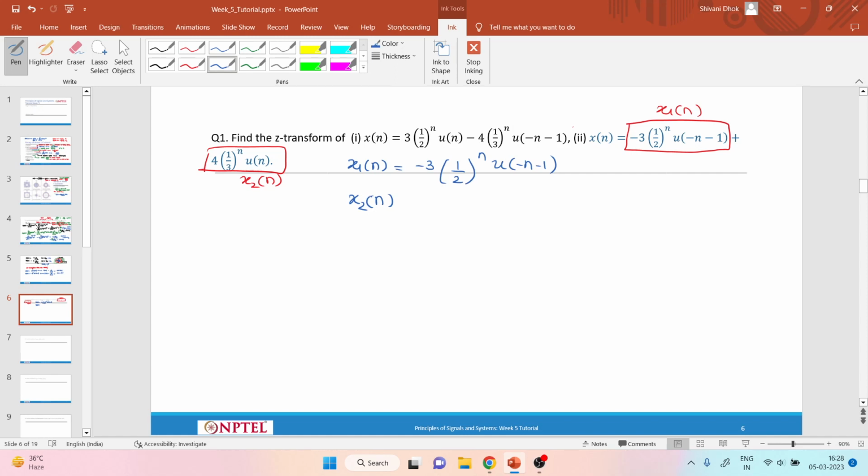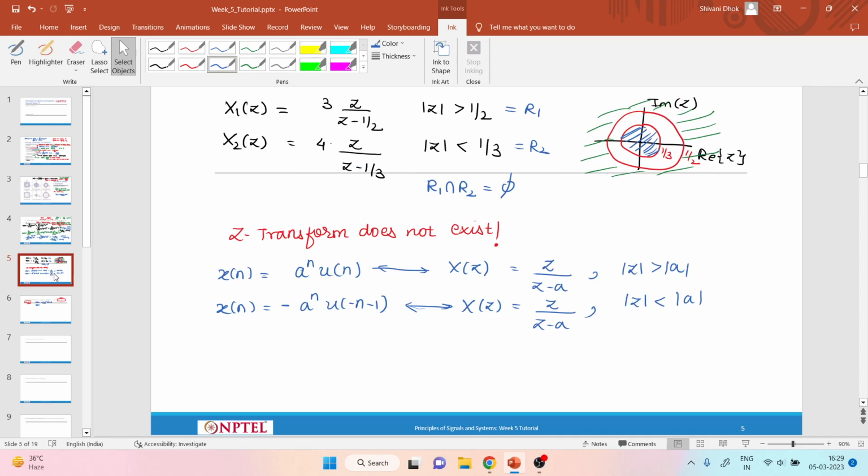There is some question: the answer would be the same and the ROC would change to negative. What do you mean by ROC will change to negative? Actually, your region of convergence is always defined based on the magnitude of z, and this magnitude of z can never be a negative quantity. It is the absolute value of a complex number. Your z is r e power j omega, and this r is the magnitude of a complex number, and this is always positive.